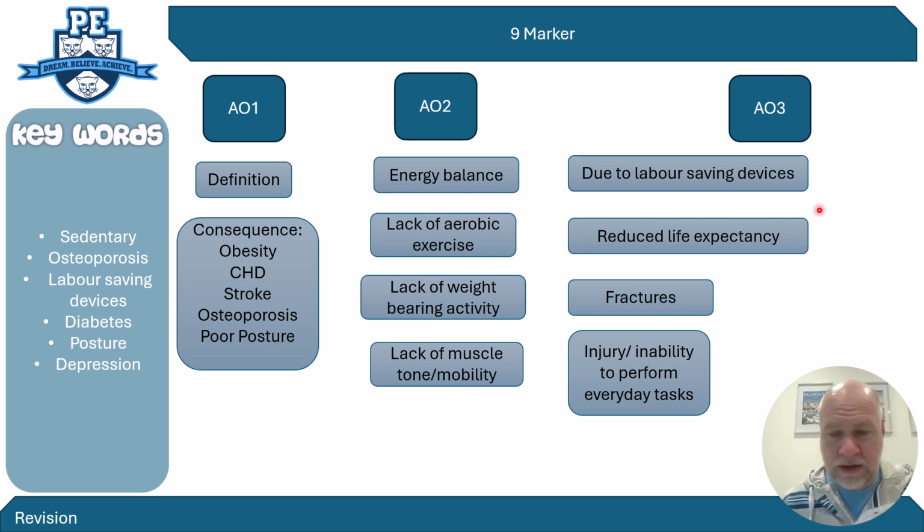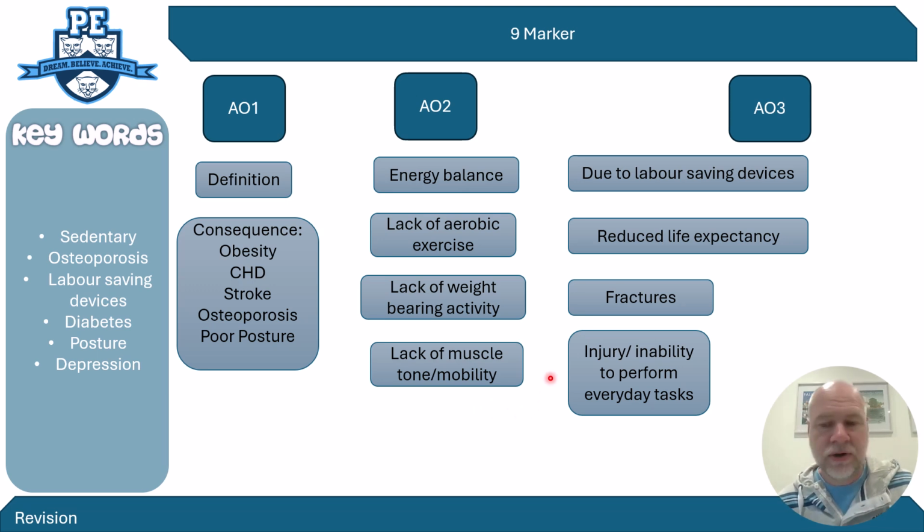You could always talk about the personal factors that I've discussed earlier, but the labor-saving devices are the main cause of people not burning their calories. I've already mentioned reducing your life expectancy if you are lacking those aerobic exercises. A lack of weight-bearing activities is going to increase the risk of fractures and breaks in the bones, and then a lack of muscle tone and poor posture can lead to injury.